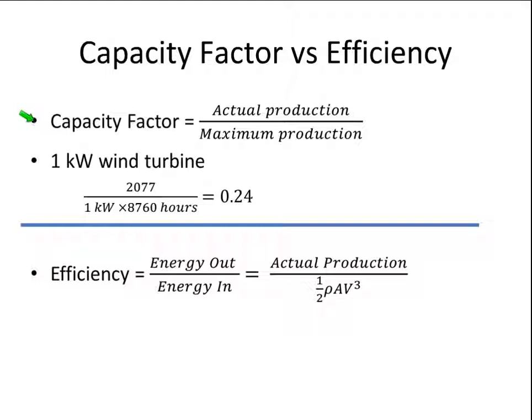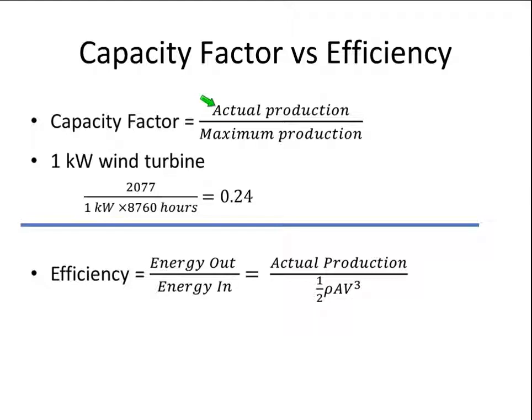One way that I like to describe capacity factor is what percentage of the year the turbine is running at its rated power. So basically it's actual production over the max, if it was running at its rated production all the time, which we know is not possible, but this gives us a number that we can look at.